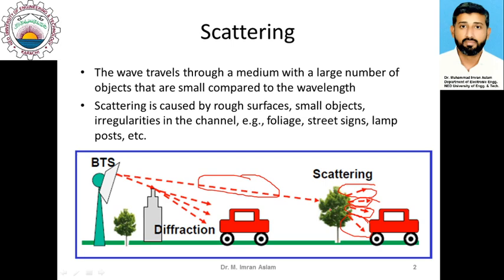So this scattering is a phenomenon where the wave gets scattered because of objects which are small compared to the wavelength of the wave. Generally, scattering is caused by rough surfaces or small irregular objects and similar things when the wave propagates through the environment.